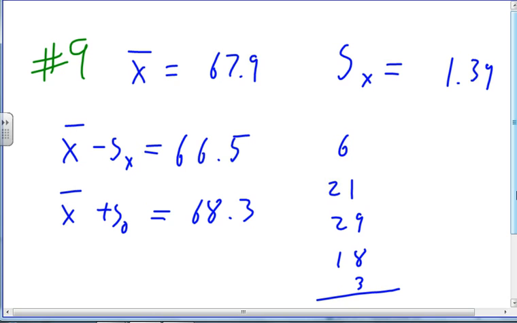What's the problem? Your x bar plus s of x would be 69.3. Think so? Yeah. 69.3. Okay, does that change anything? Yeah, it does. So that means this 29 wouldn't be there.